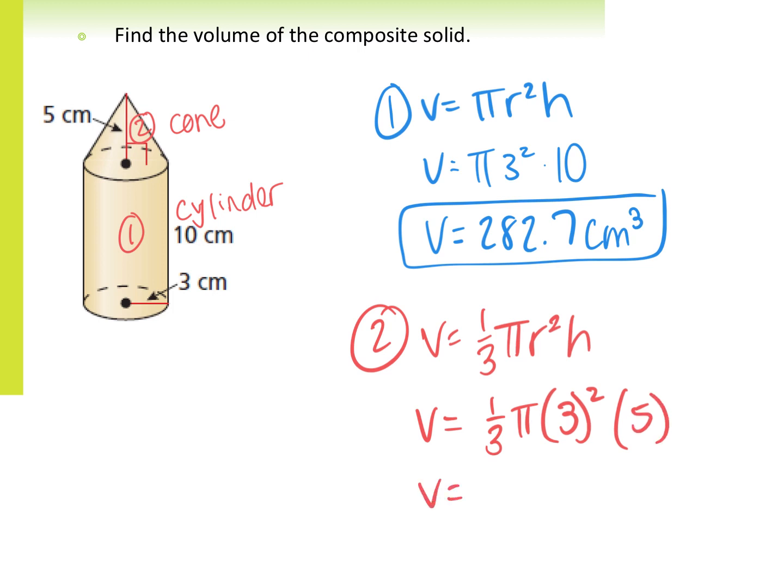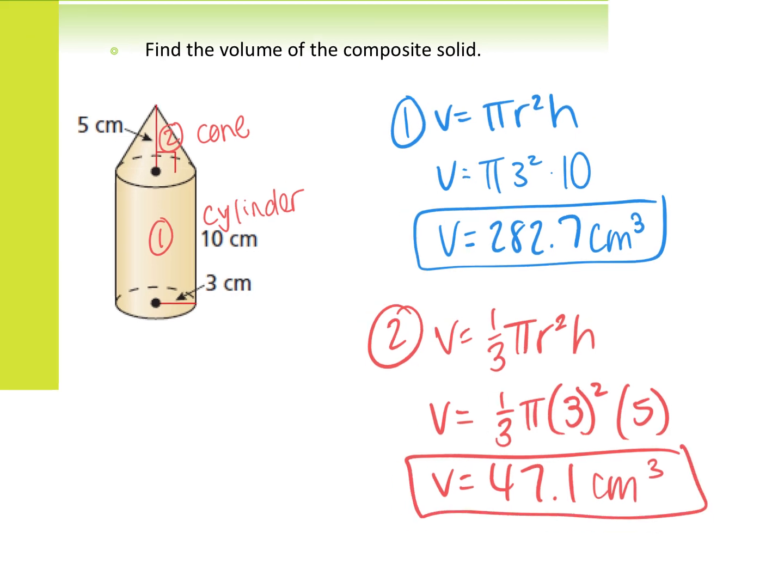So we multiply this. This is going to be pi times 9 times 5, and then divided by 3. 47.1. And then it's going to be centimeters cubed. Neither of these is the answer.